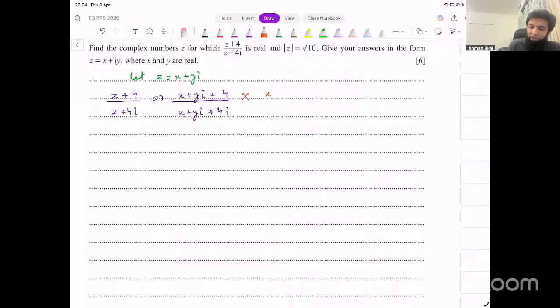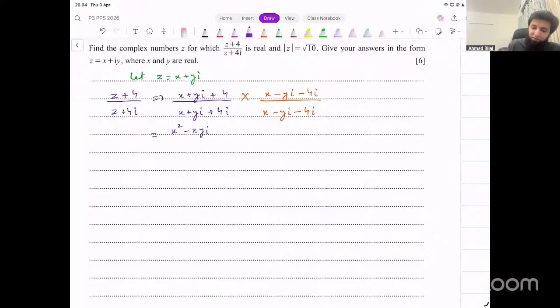So you multiply and divide by x minus y iota minus 4 iota, right? You just change the sign of the imaginary part. In the denominator as well, you've got this. Simplify the numerator. X into x is x squared. X into minus y iota is minus xy iota.